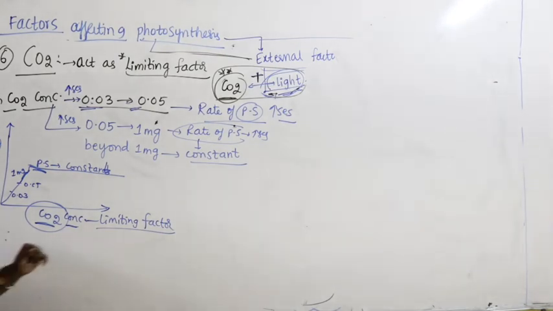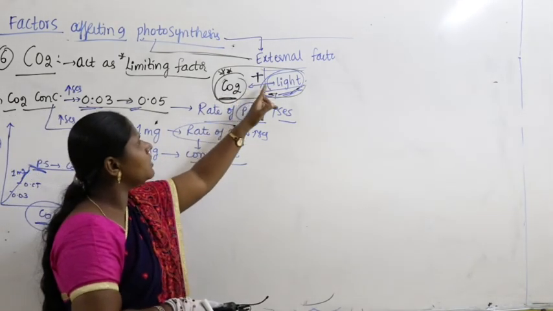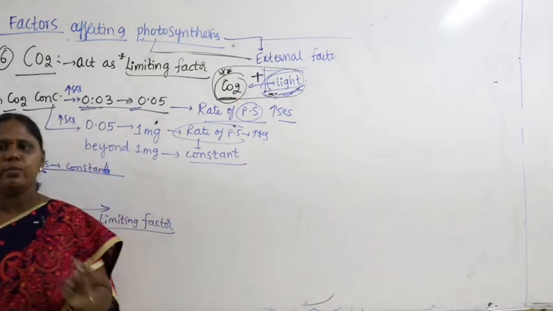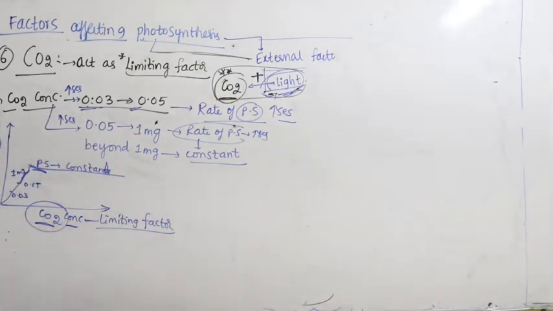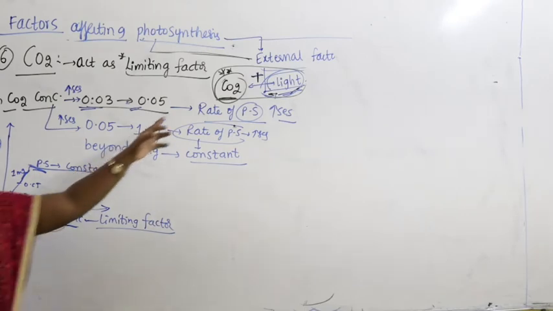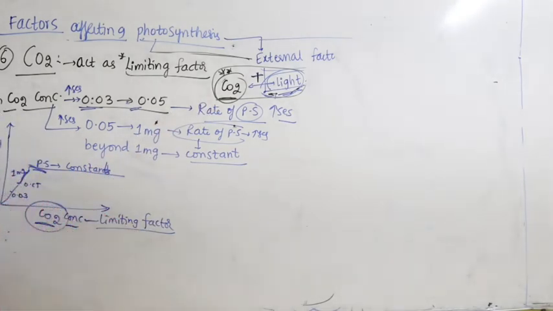Now, what did I say? Carbon dioxide in coordination with light are the two important factors in controlling photosynthesis. Let us come back to the first point we discussed.